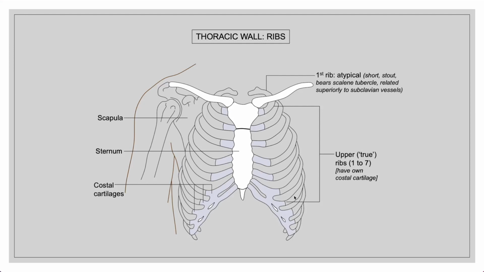And those ribs which are going to the sternum but not through their own costal cartilage, we call them false ribs. And there are two ribs below which you cannot see very clearly in this image. These are not going to the sternum, so we call them the floating ribs.